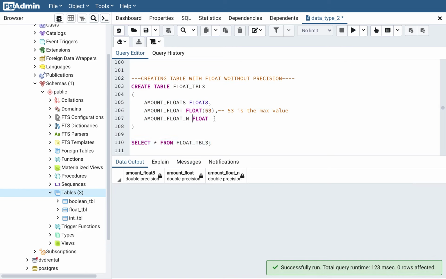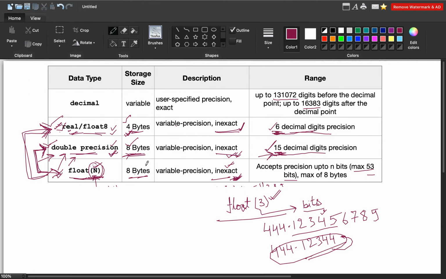So the moment you do not define float n, automatically the size is considered to be 8 bytes. The moment it becomes 8 bytes, you know that it is of the form double precision.